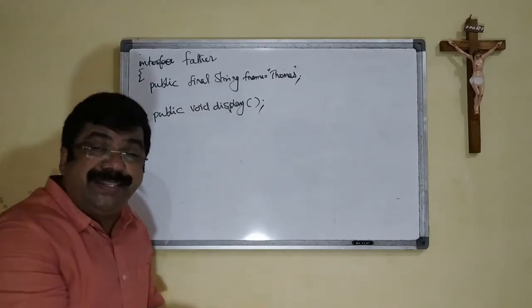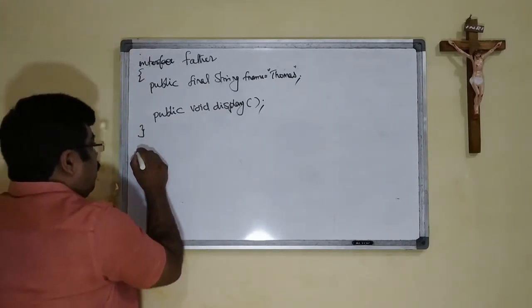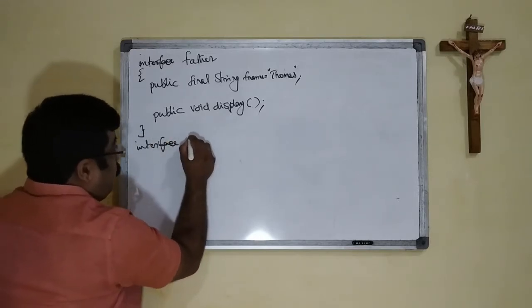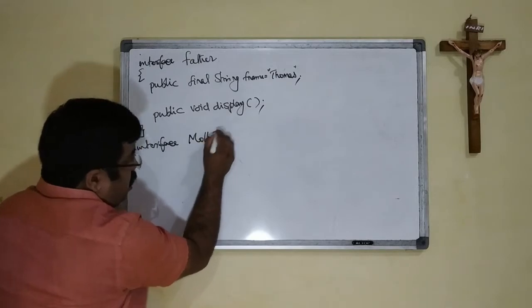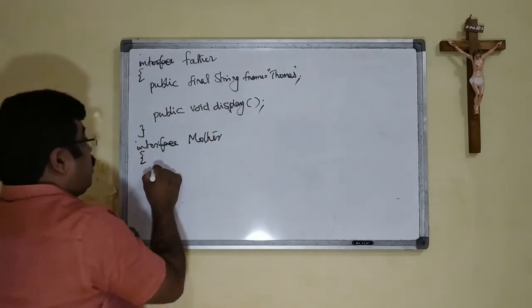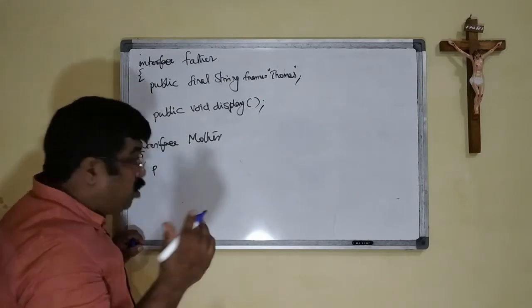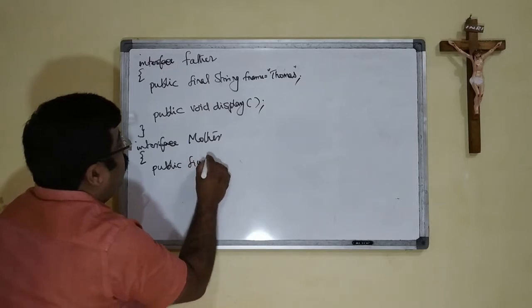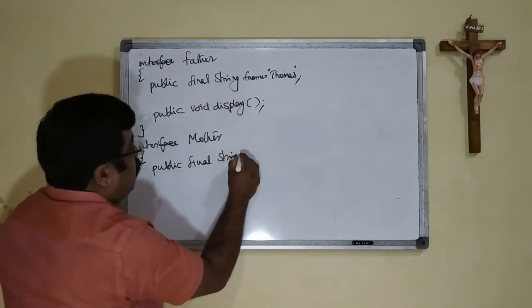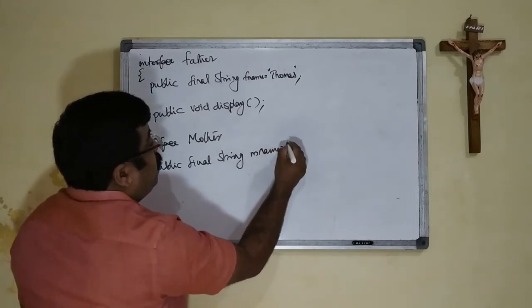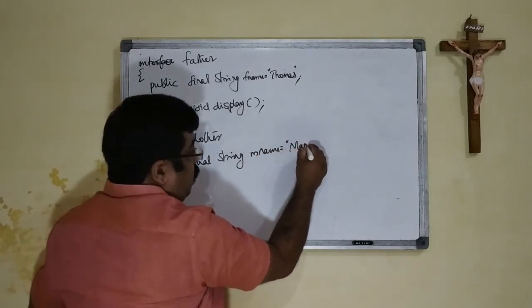Now I am going to write the second interface, which is named mother. The values which are there inside, we can have only the constants. We say public final String mname is equal to Mary.